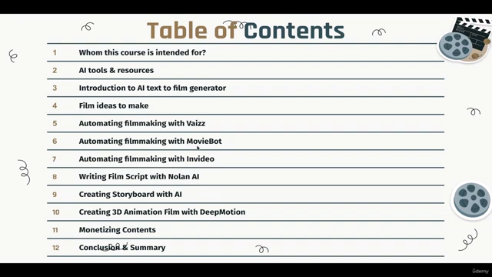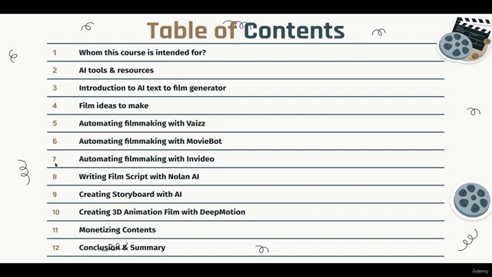And for MovieBot, you will not be able to access this tool from your computer, right? From your laptop. You will need your phone. So for chapter 6, we're going to move on to my phone. So we're going to download the applications through the App Store. And I'm going to show you the full step-by-step tutorials on how to generate a film using MovieBot from my phone, right? But that's the only exception. And for the rest of the tools, we're going to use a computer, right?